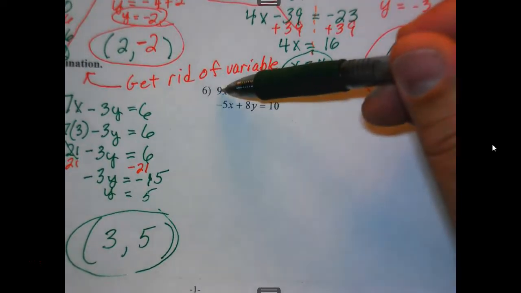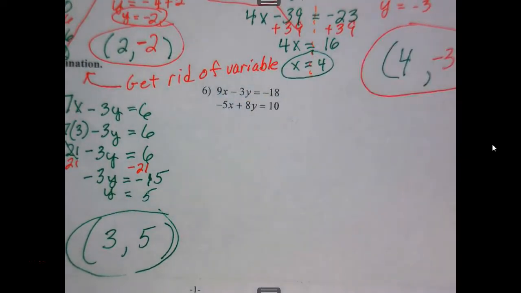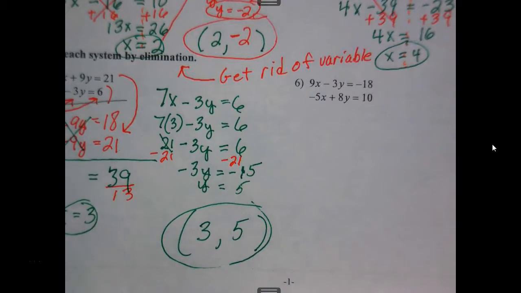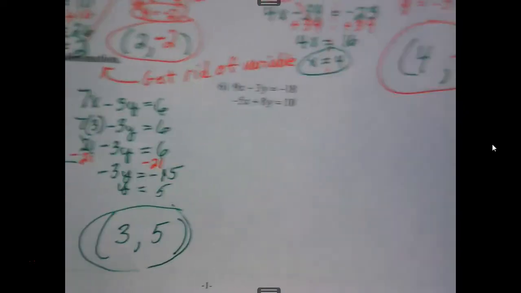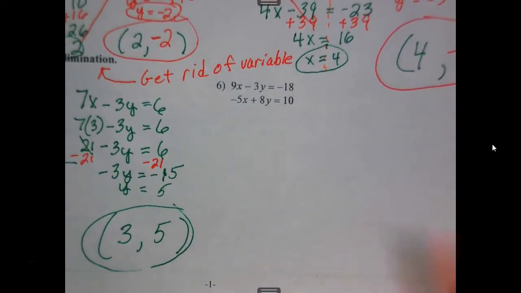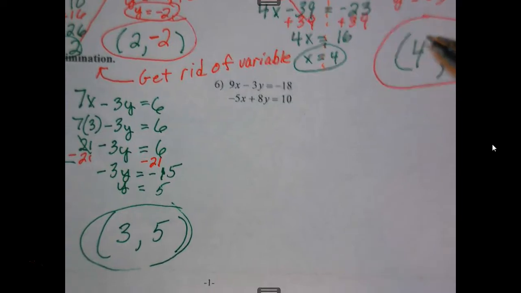The 5 is not a factor of 9. The 3 is not a factor of 8. So I have a lot of students that get confused, like on the first one, which one should I multiply by what number? One way you can do this, and you're going to have to do it with this problem, is just choose a variable you want to get rid of.